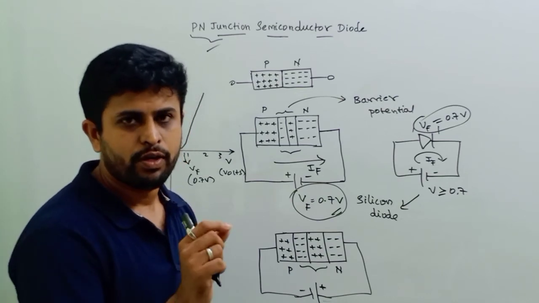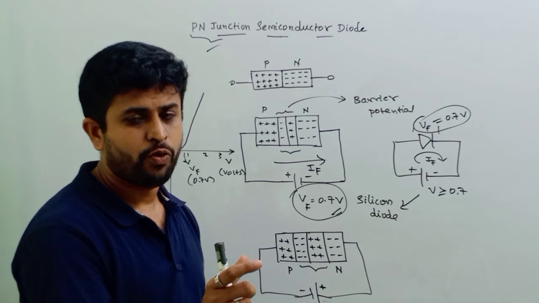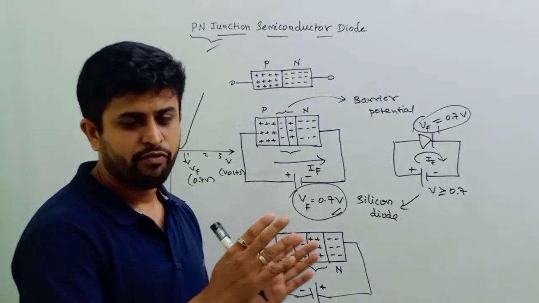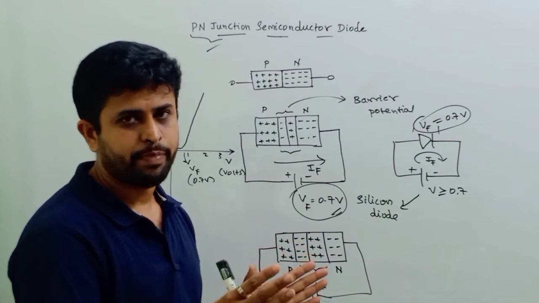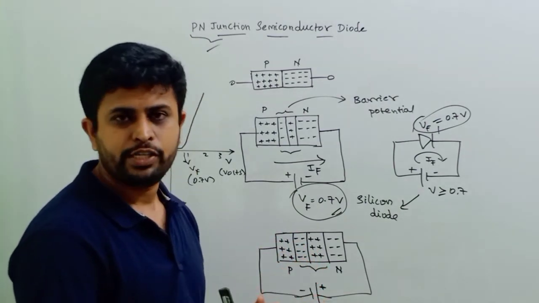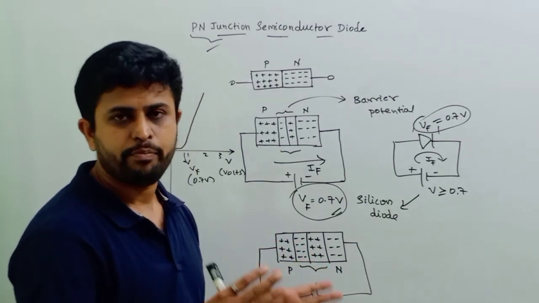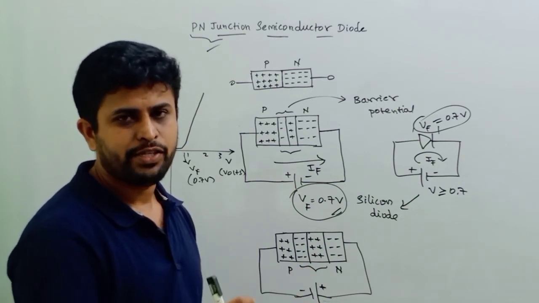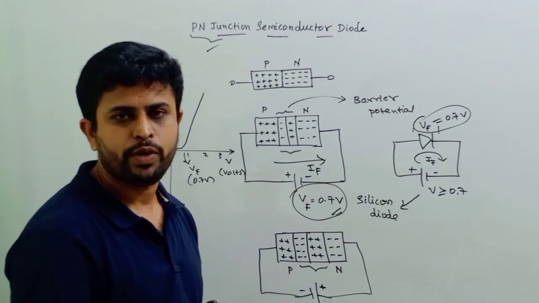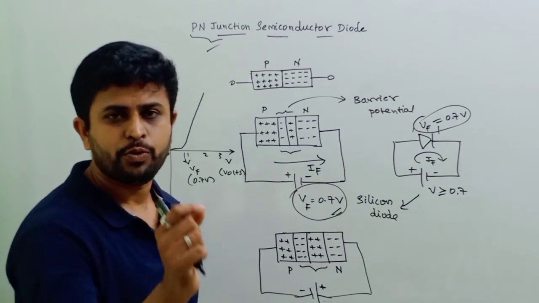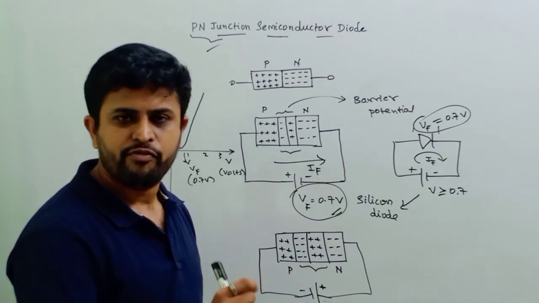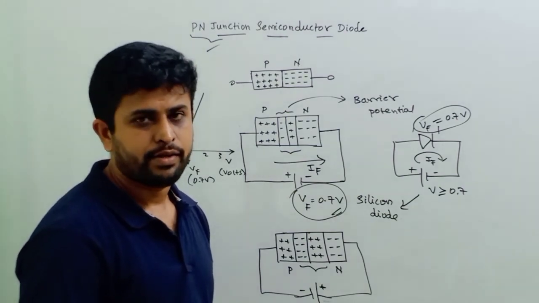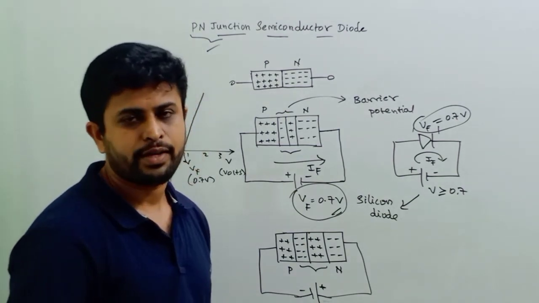So the current does not flow at any cost from P to N. The width of the depletion layer gets expanded finally, which leads to zero current from P to N, or we can say some small negligible current which will be flowing due to minority charge carriers, and we call that current reverse current.